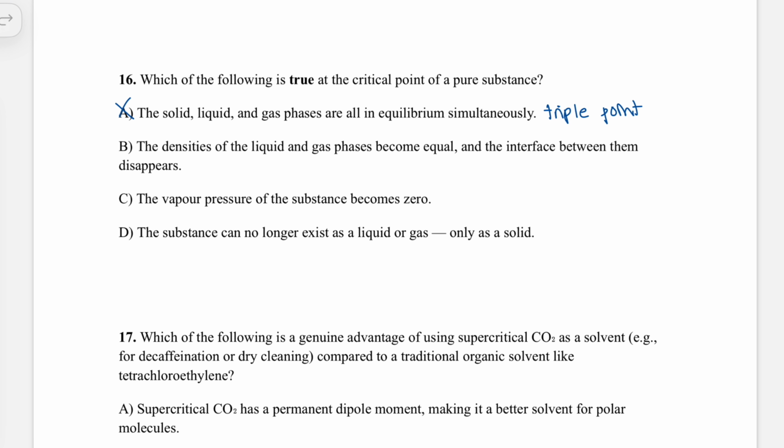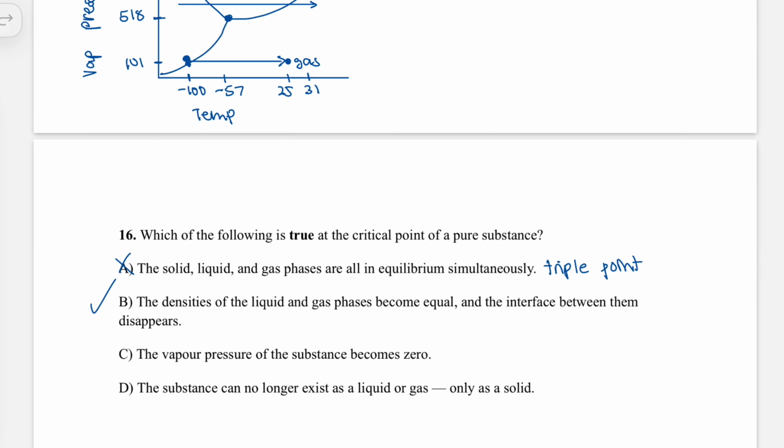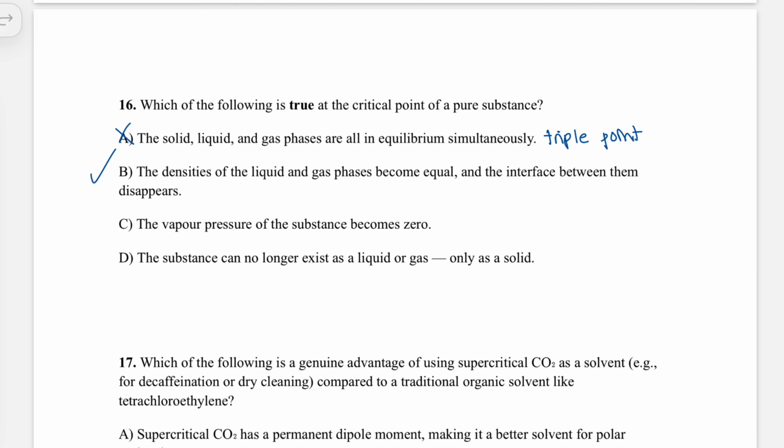B. The densities of the liquid and gas phases become equal and the interface between them disappears. This is correct because the critical point, as we said, is over here, and it's when the boundary or the line between liquid and gas goes away. And then once you go beyond this point, the liquid and gas phases are equal, and there's no separation between them anymore.